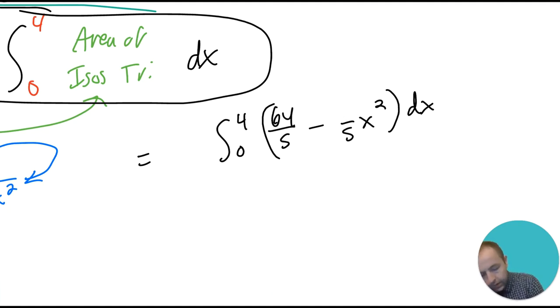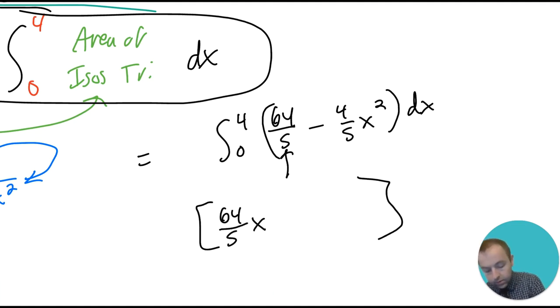Then we can find the antiderivative of 64/5 and negative 4/5 x squared. The antiderivative of 64/5 is 64/5 x. And then you increase the exponent to 3 and multiply by 1/3 with the 4/5. 1 times 4 is 4, 3 times 5 is 15, so you get a coefficient of 4/15 in front. Then you evaluate from 0 to 4.